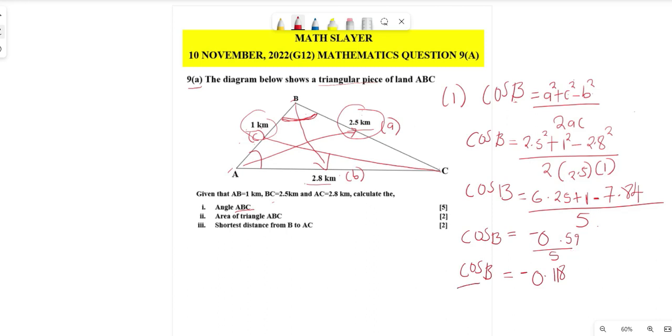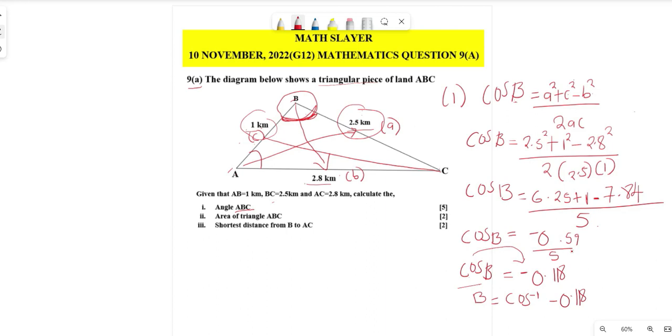Remember, cos B is not our final answer. We are looking for the value of this angle here, which is angle B. So to remain with B alone, cos crosses the equal sign and becomes cos inverse. We are looking for the cos inverse of negative 0.118.